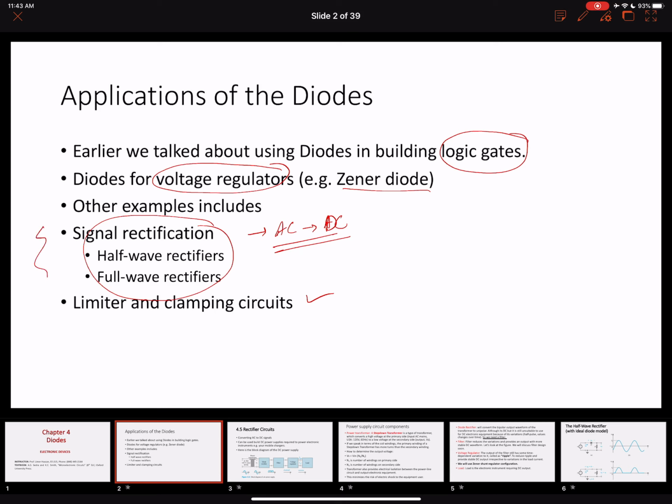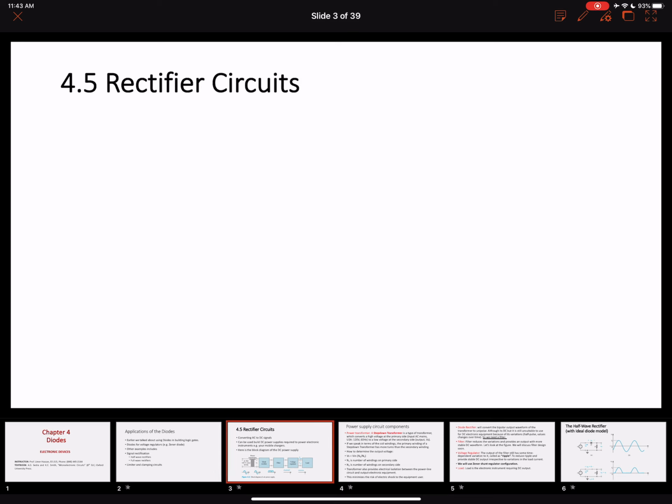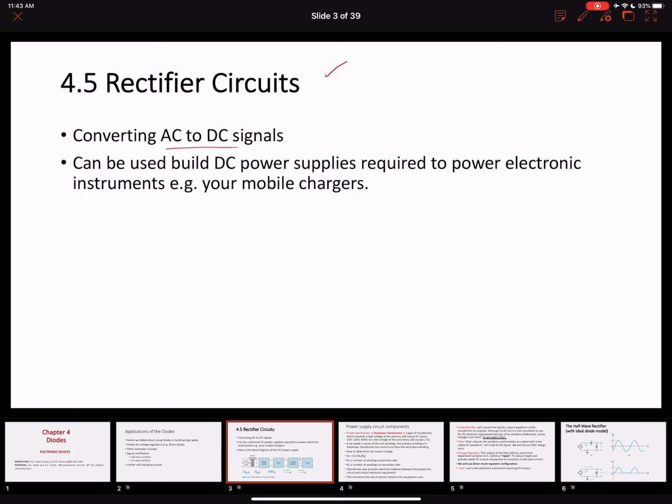So let's start with signal rectification, which is the main topic of our lecture today. Okay, so rectifier circuit. Rectification is a process in which we can convert our AC signals to DC signals, where they are used. For example, the power supplies that we use to charge our laptops or our mobile phones or other equipment, instruments, devices that we have.